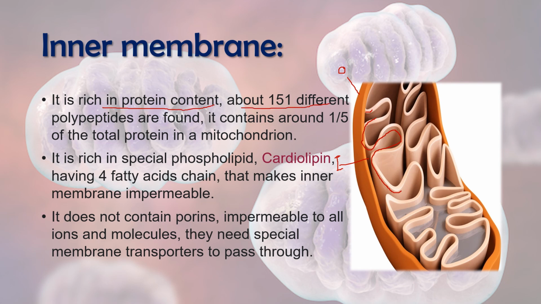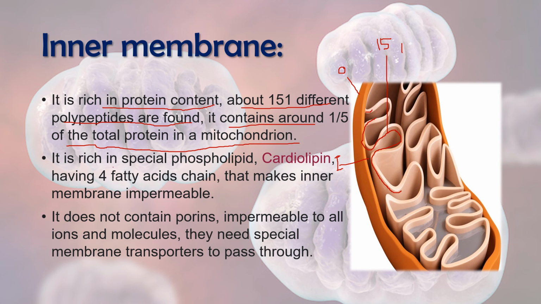About 151 different polypeptides are found. It contains around 1/5 of the total protein in a mitochondrion. So this inner membrane is rich in protein content, with about 151 different proteins having different functions.